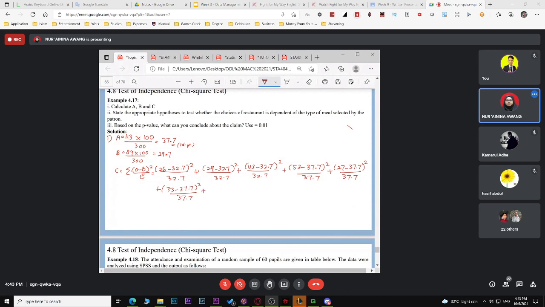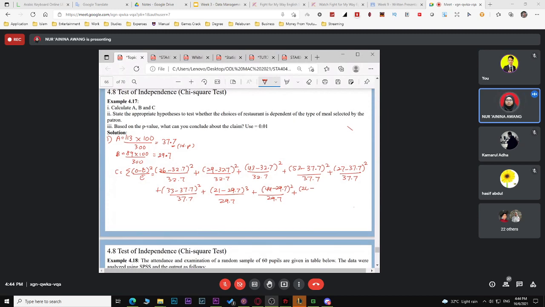Then the next one, 21 minus, then 44 minus 29.7 squared. And the last one, 24 minus, so B is this value, 29.7 squared over 29.7. Okay.